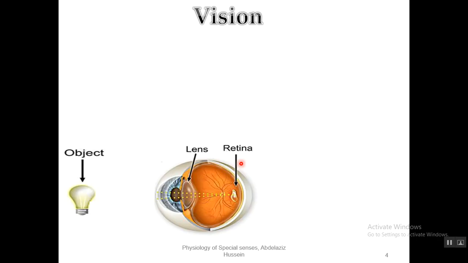To understand what is meant by vision, there is an object. From this object, rays of light will pass through a specific transparent media inside the eyeball to form an image of the object on the retina.